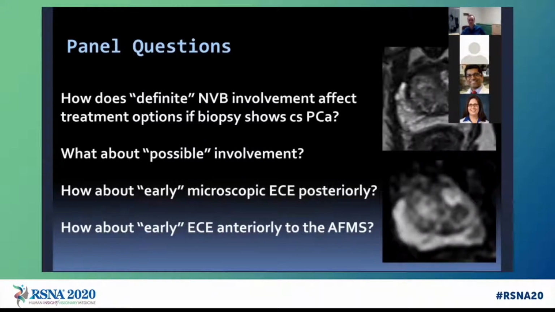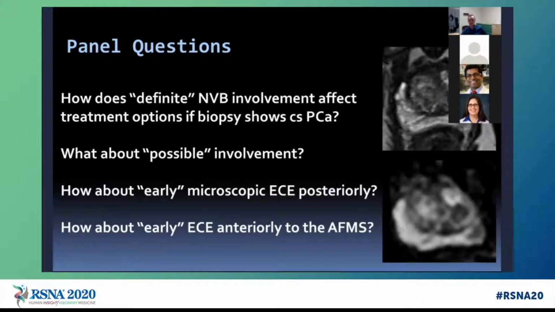But similar to Dr. George, if I do see extensive disease that's outside of the prostate, that may lead me to be less inclined to offer brachytherapy to that patient and more inclined to offer external beam. And then the final thing, where I think my practice overlaps with Dr. George because he does a lot of these procedures, is that especially with external beam and SBRT to the prostate, we're often using, at least in the United States, hydrogel spacers to give space between the rectum and the prostate.